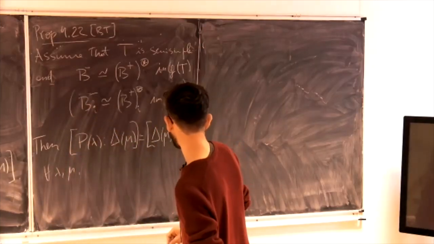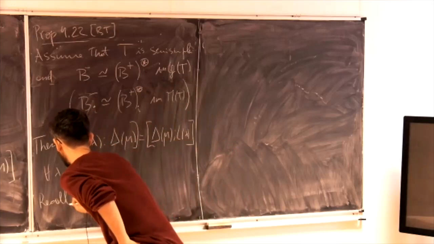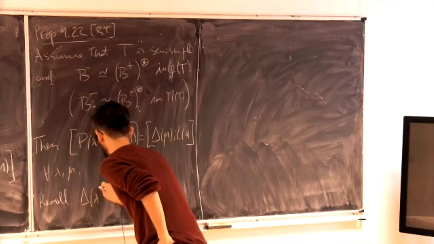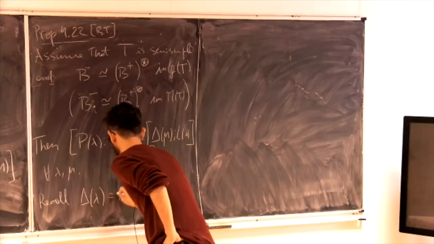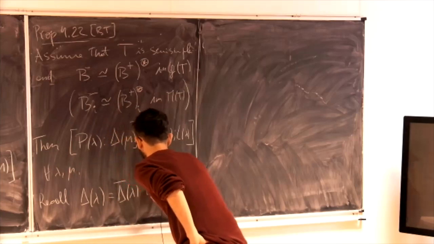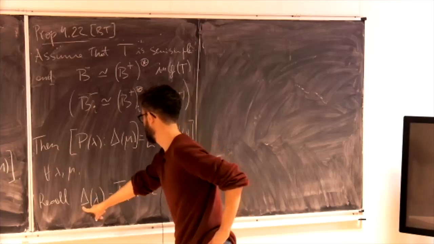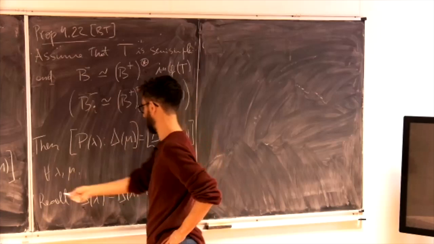Just to recall, in this case delta lambda is isomorphic to, is the same as, delta bar lambda, as T is semisimple. In this case, delta and delta bar are equal because T is semisimple.